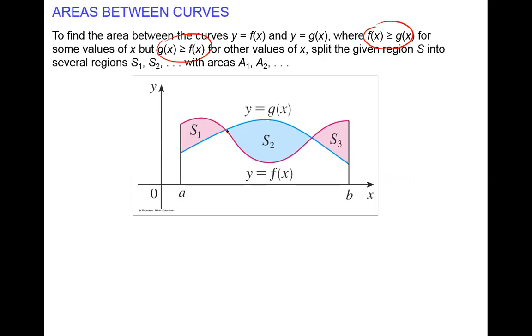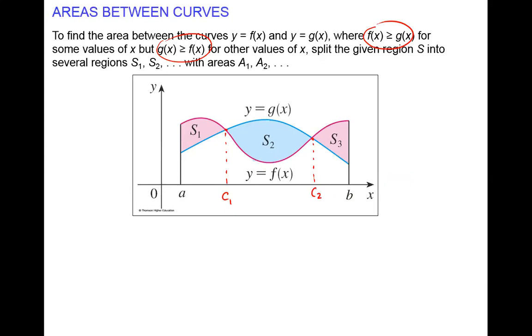And we can nicely see here, having a blue curve g of x and the pink curve f of x. We do have one point of intersection and we do have another point of intersection. That means in order to get the area enclosed by these two curves, I will integrate 3 times.